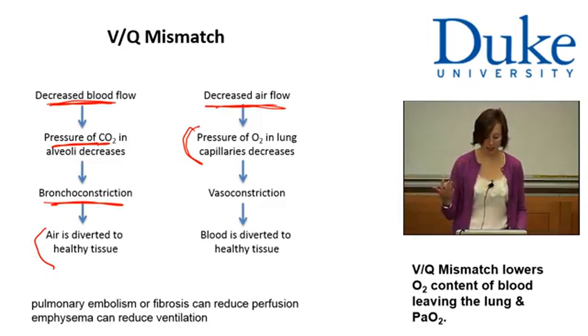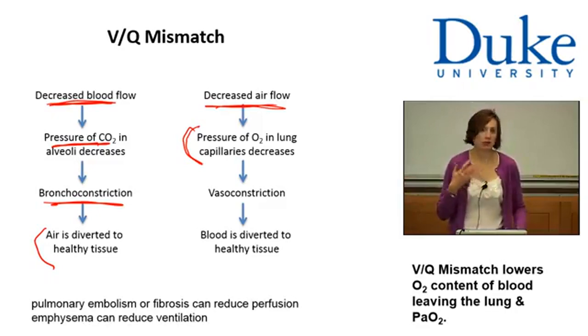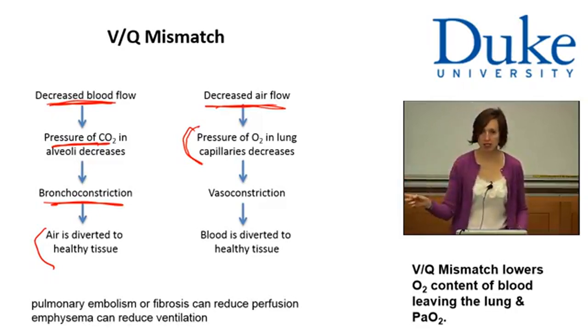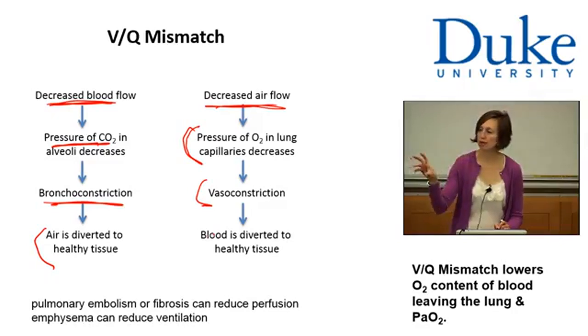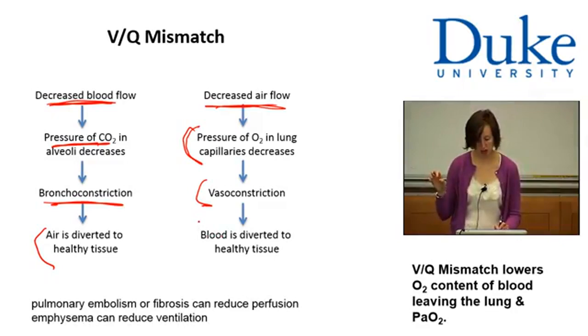And so again, the body says, for some reason we're not getting ventilation to this part of the lung. That's just a waste, so let's now have vasoconstriction, which will allow the blood to be diverted to a different part of the lung where there is proper ventilation.